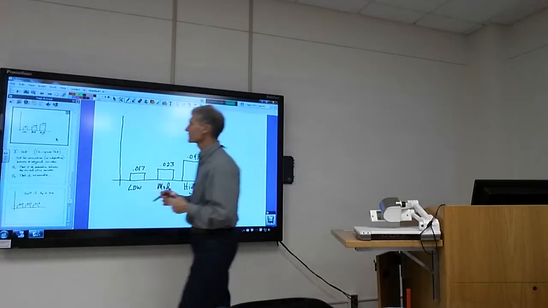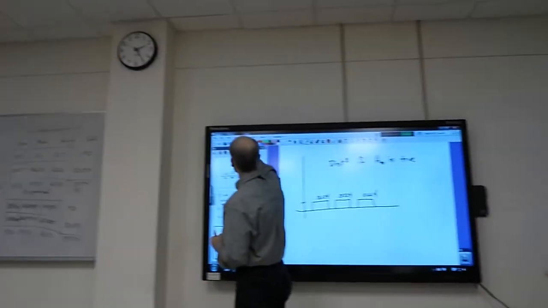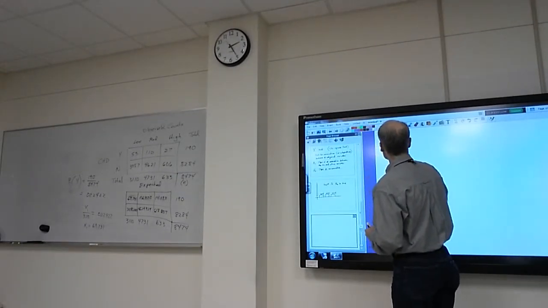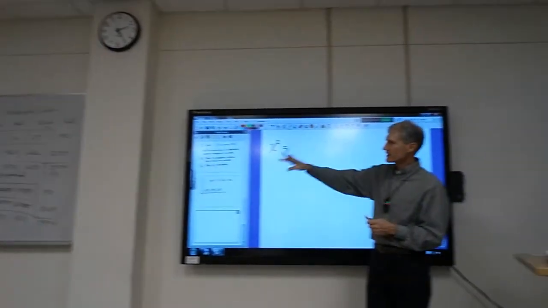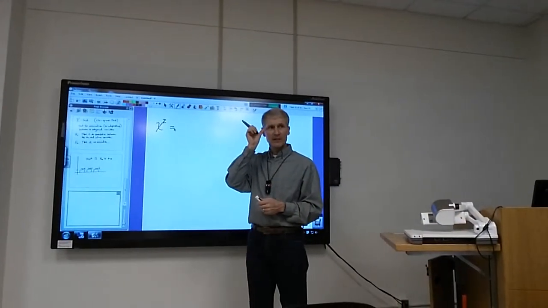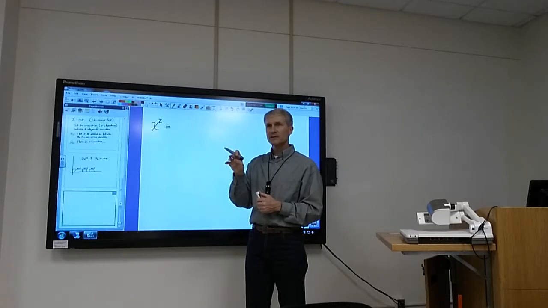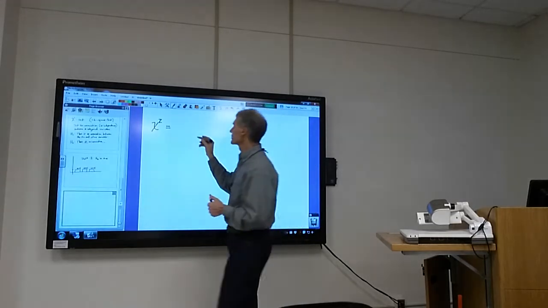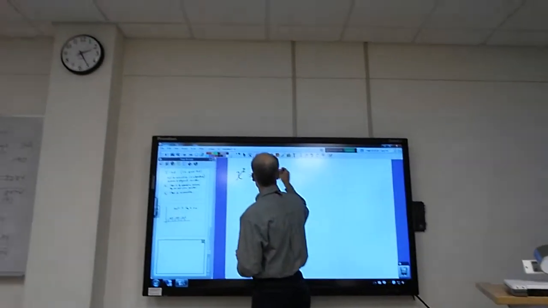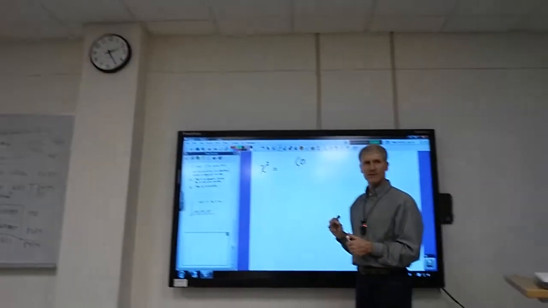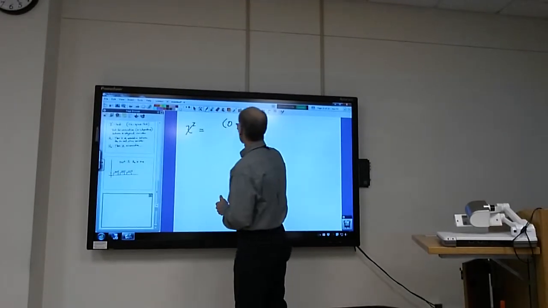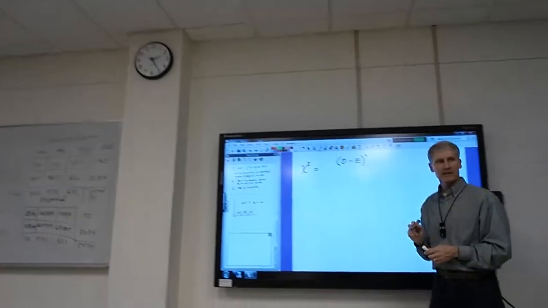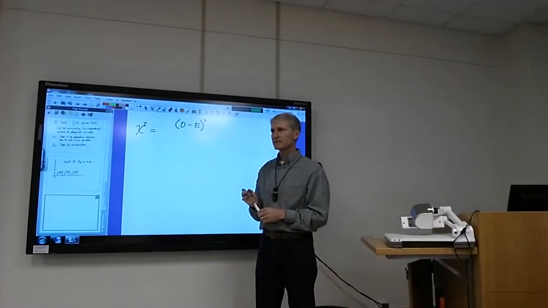Okay? So the way it works, the chi-square test statistic goes cell by cell through the table and says, in this cell, how far away from the expected value is the observed value? So you take the observed, I'm just going to use O for observed and E for expected. O minus E, you're going to square it to get rid of the negative sign.